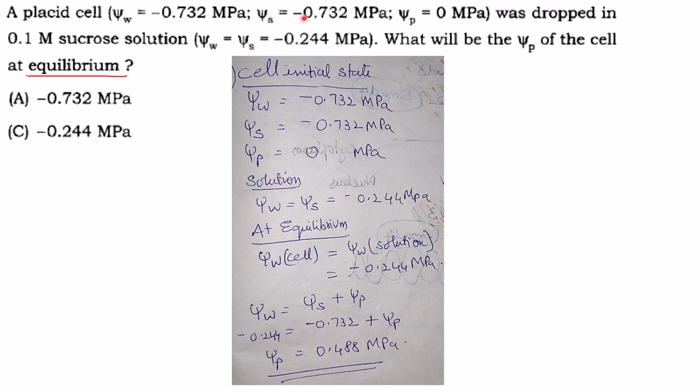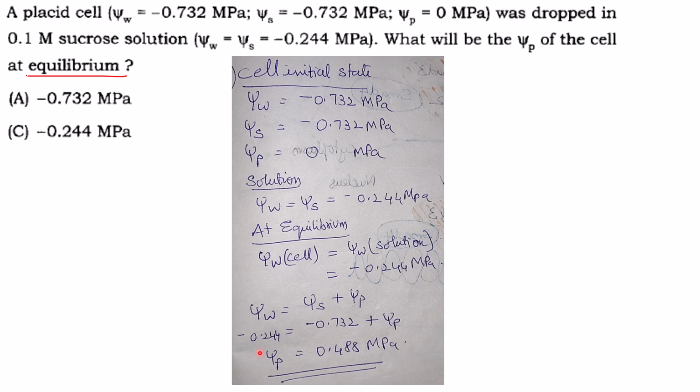So here this is at a higher potential than the cell. So water will enter from the solution into the cell till equilibrium is reached. That means both the sides are equal. So at equilibrium, the water potential of the cell will be equal to that of the solution. So it will come up to around minus 0.244.